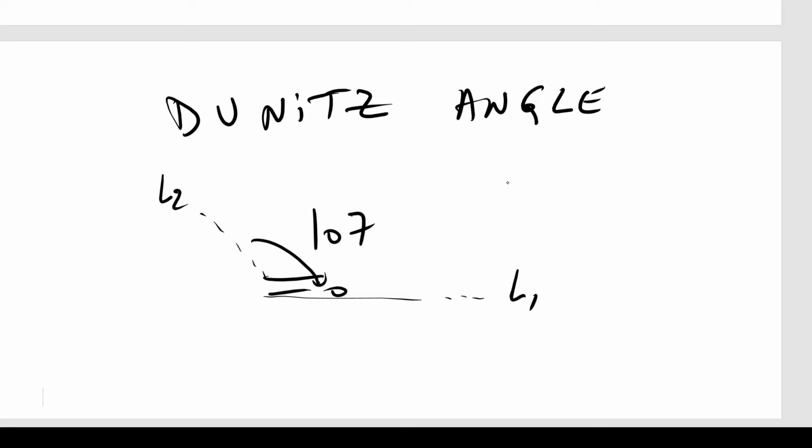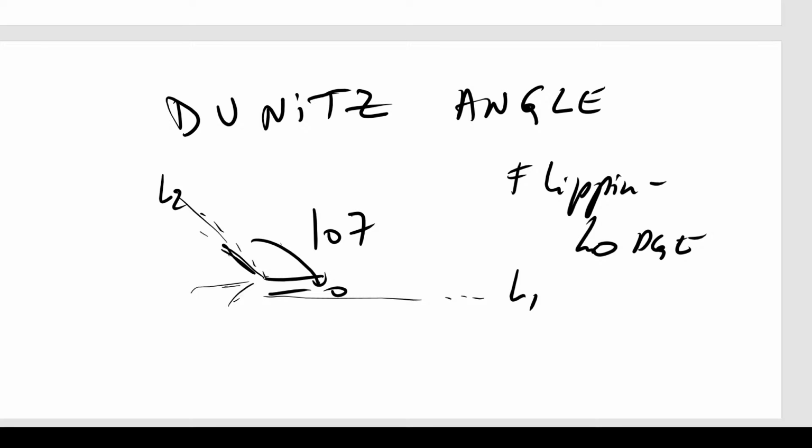There is also the flipping angle, but the Burgi-Dunitz angle is the most important. That means if you have a substituent at this position, you have more clash. Okay, imagine. But here it depends on what you use. I will present it in more detail next time.